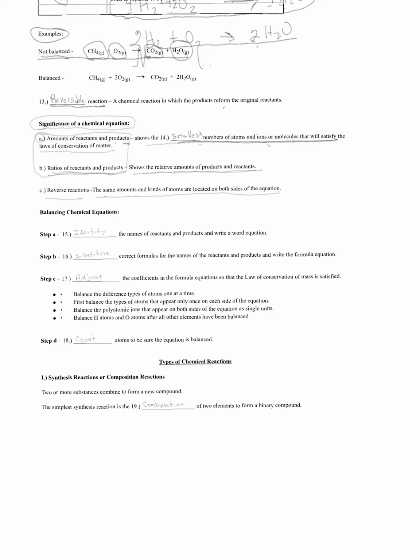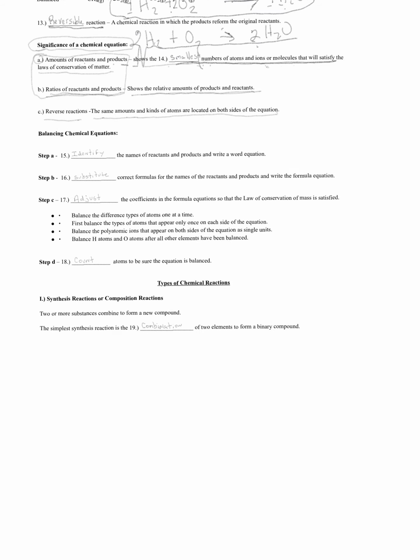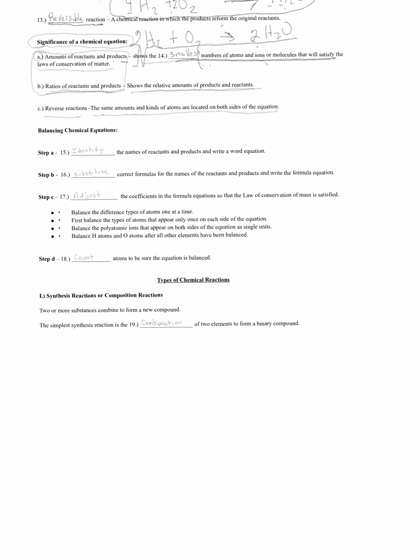Balancing chemical equations. There's no magic answer or methodology to balancing a chemical equation. During our live lecture session, we'll try to work together to balance chemical equations. So, some guidelines for balancing chemical equations.